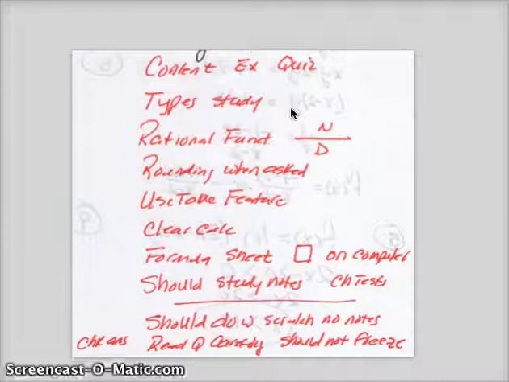All right, let's see. I want to take a moment and talk briefly, just ever so briefly, about types of problems that you may want to focus in on your studies. My advice is study these first, before you try to go over everything.